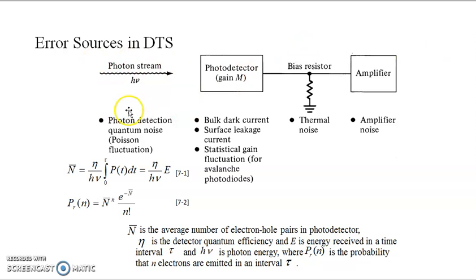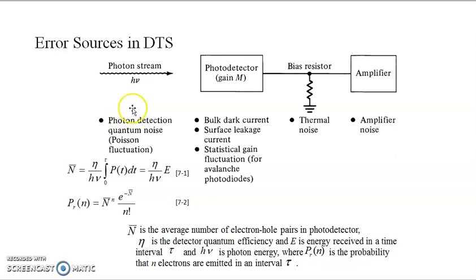Now in photodetection, the photons present are converted into electric current, and that optical pulse contains the photons.